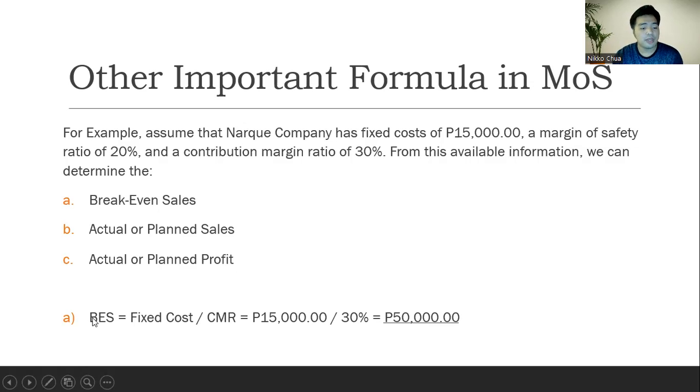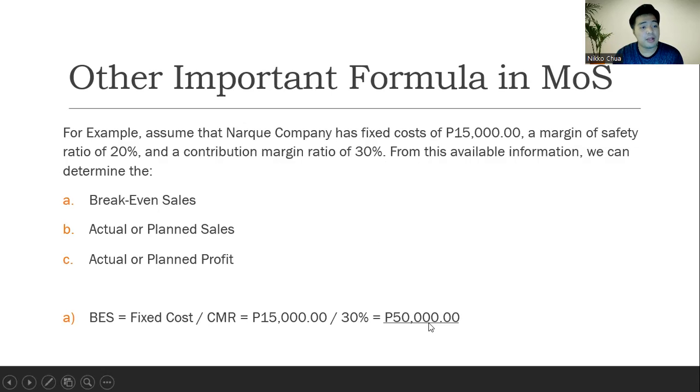Let's solve for A first. BES, or break-even sales, is equal to fixed cost over CMR, the contribution margin ratio. So our fixed cost is 15,000 given, over the 30% contribution margin ratio.